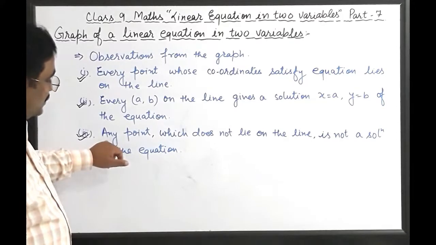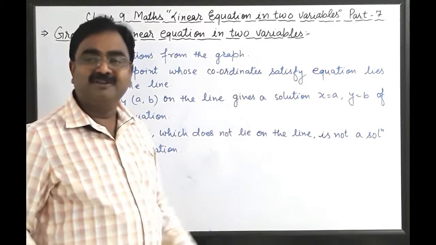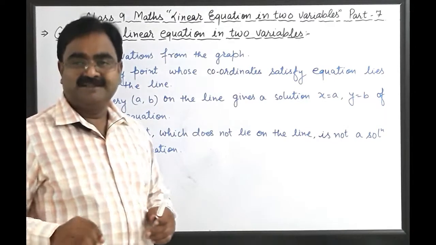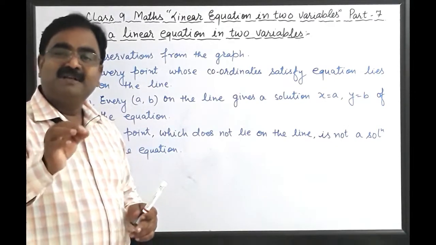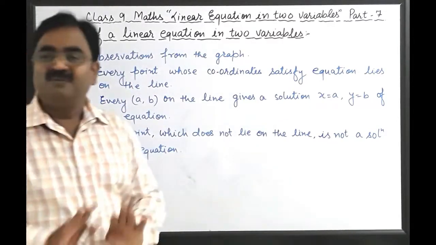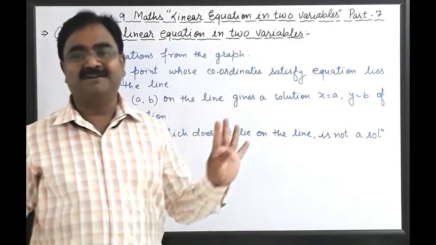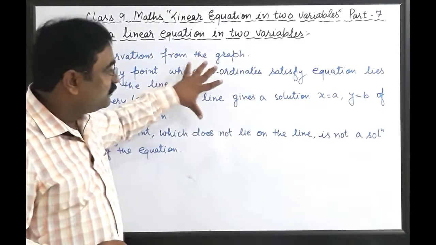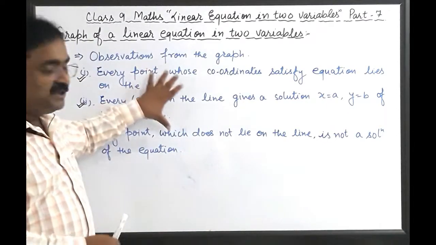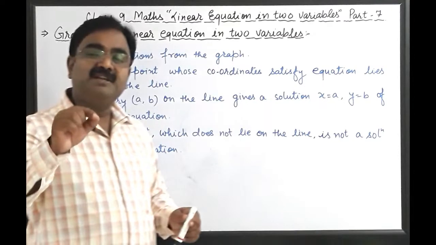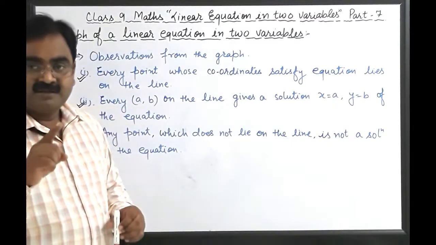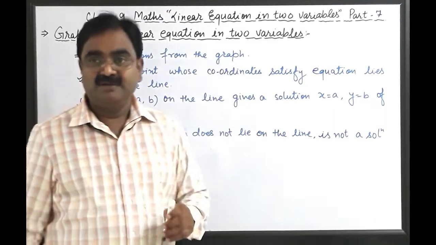Third observation is, any point which does not lie on the line, means the coordinates of any point, एक ऐसा कोऑर्डिनेट जो लाइन पर लाई नहीं करता है, is not a solution of the equation, वो इक्वेशन का सॉल्यूशन नहीं होगा. So the things which are important, to be noted, are written here, which is very important, can help to solve 1 mark question. Students, be careful, right?